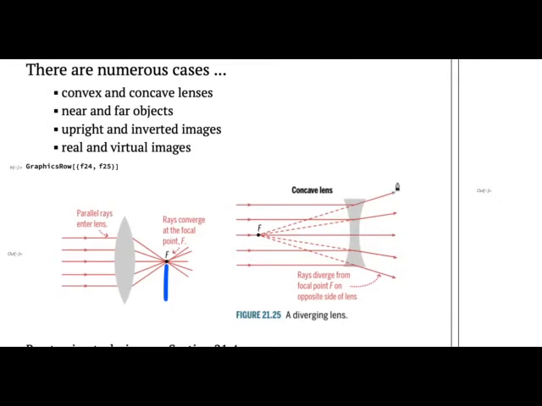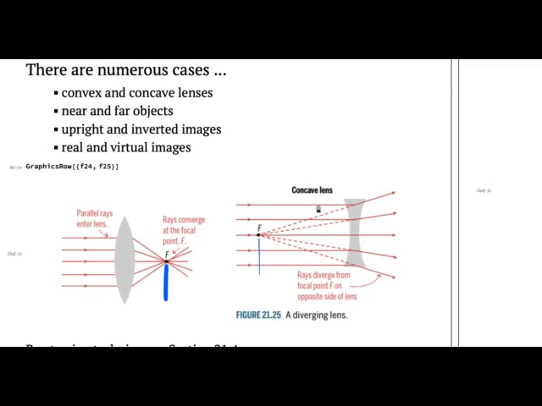Now, if the concave lens is correctly ground to the right shape, if you trace those outgoing diverging rays back, they'll all go back to one point. So again, there's a focal point.